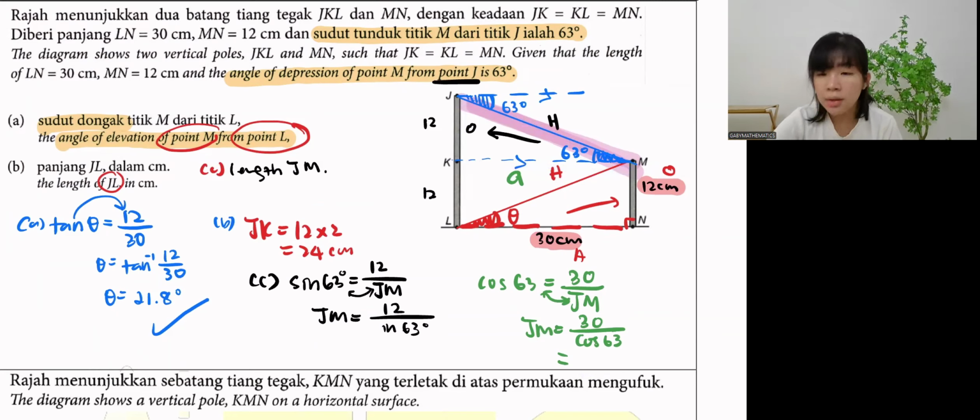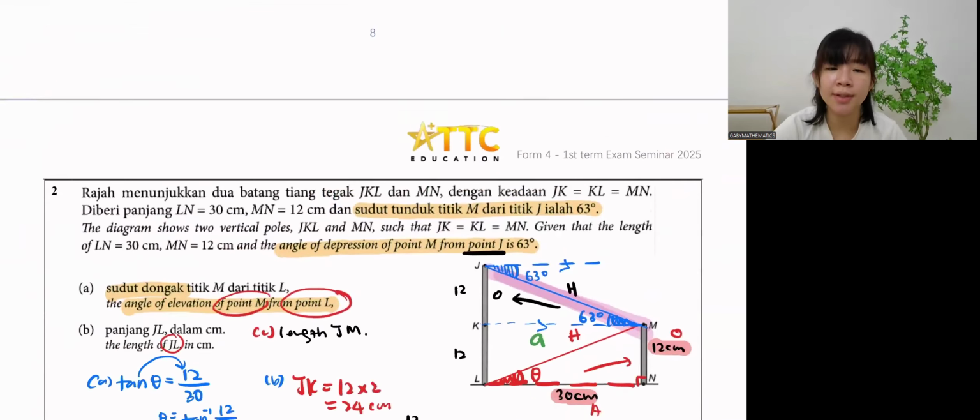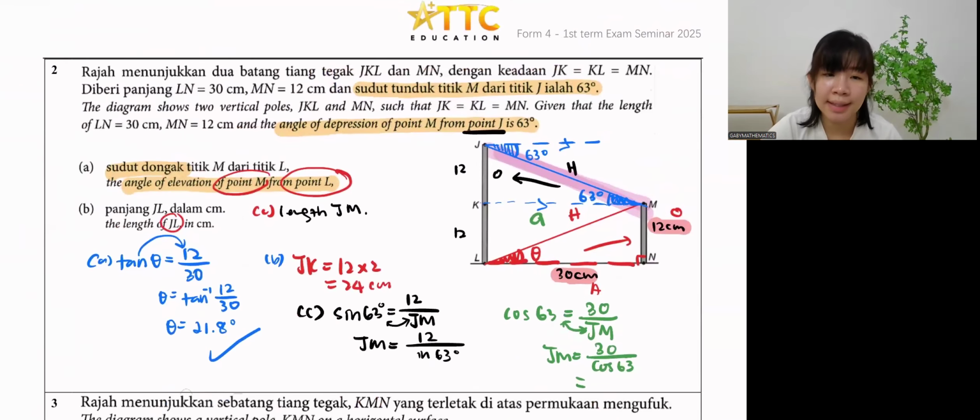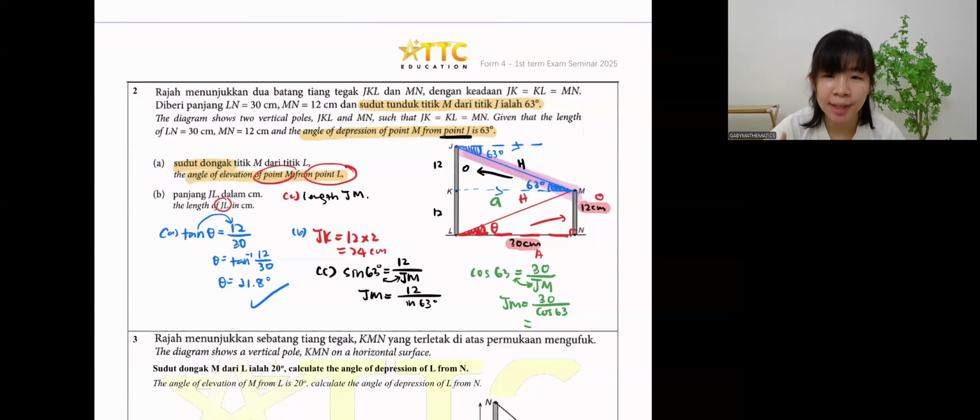So meaning the angle got problem with the question. Then I understand why the question stopped here. They only ask the length of JL.